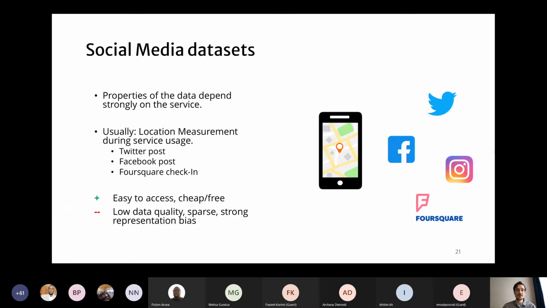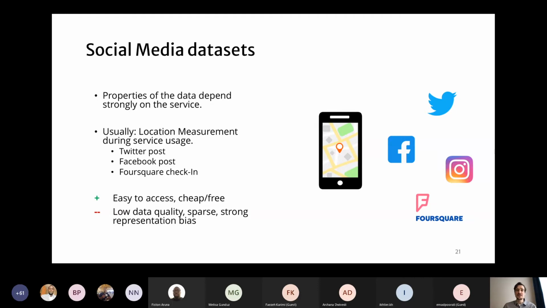So for example, on Twitter, if I post a tweet, I can include my location with it. Around 1% of users do that. Some unknowingly, some maybe knowingly, depending on what setting they have in their app. But that means that my location can be included in the tweet's metadata, and that can be read out by researchers.